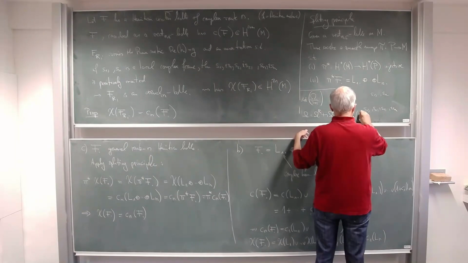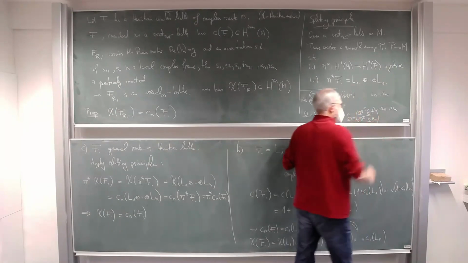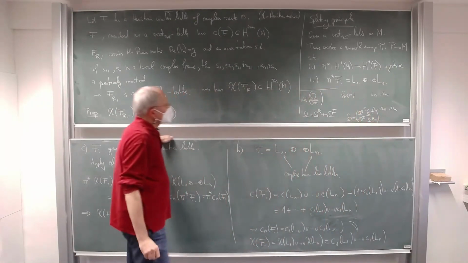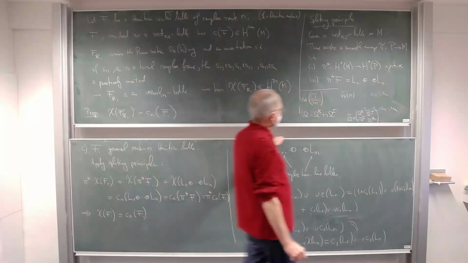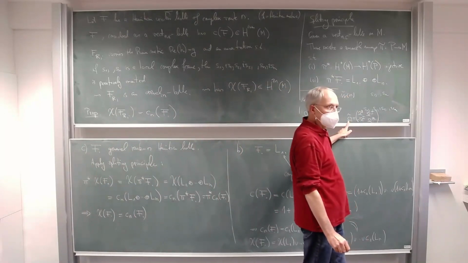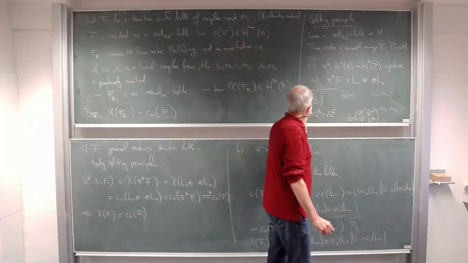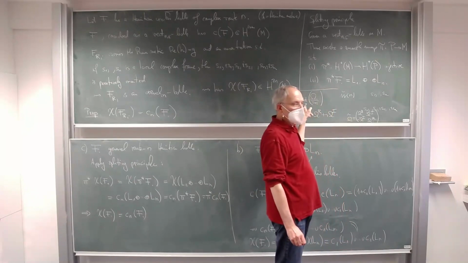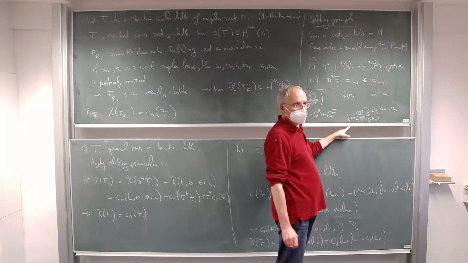And now you have something like omega r, omega i, minus omega i, omega r. Now you want to look at the Pfaffian of this and compare it with the determinant of that, and you have to show that these two things are the same.